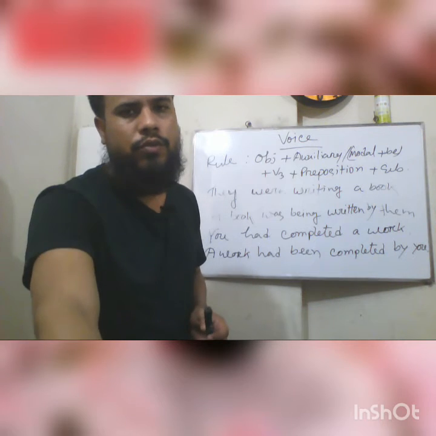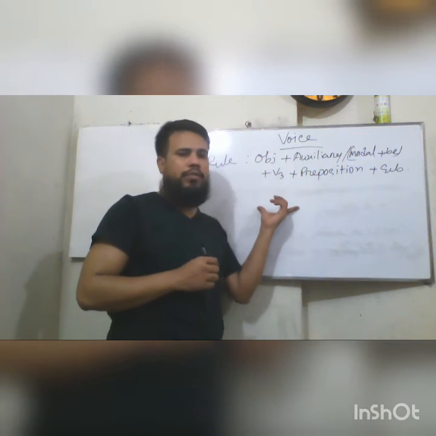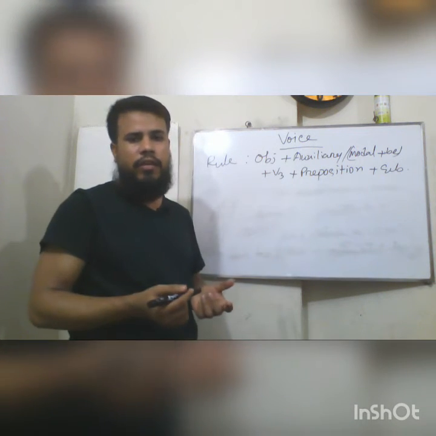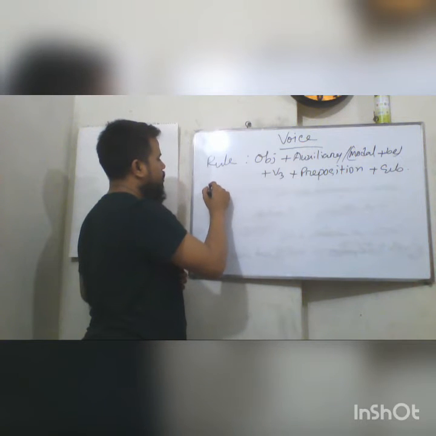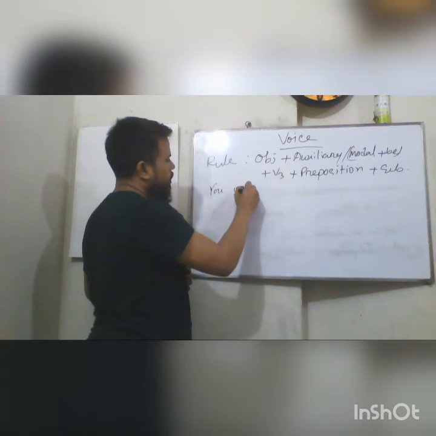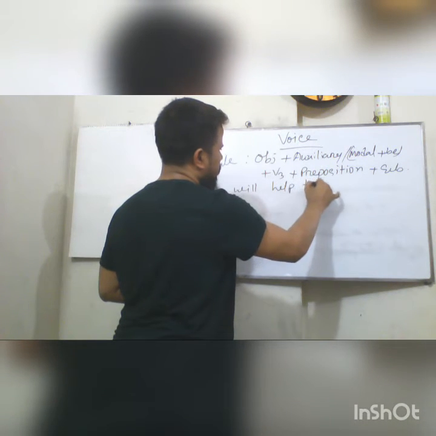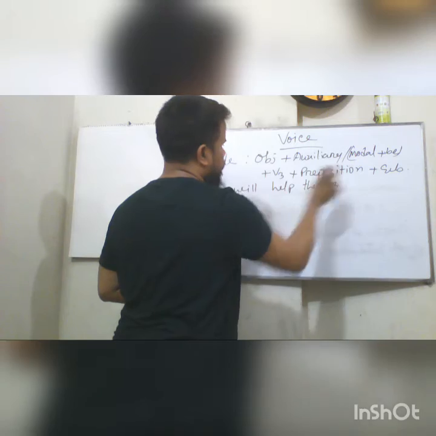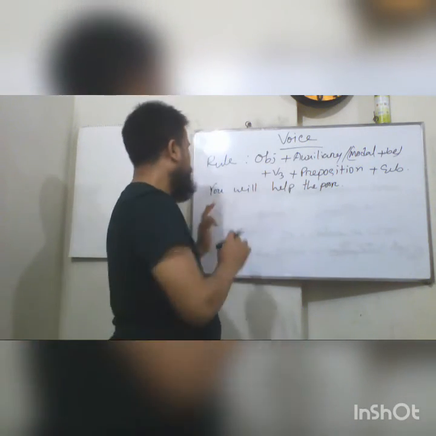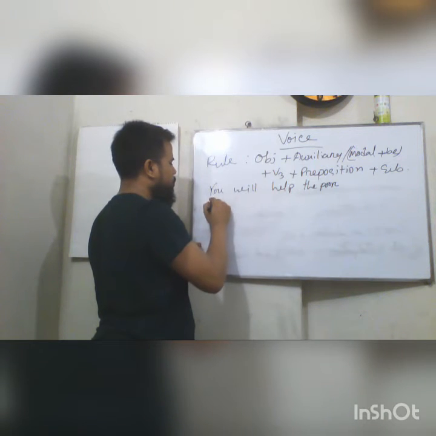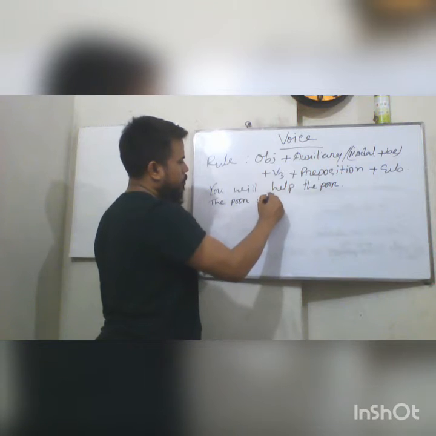Now we have to find out future action, then we have to write down future tense examples. Example, future: You will help the poor. For the future indefinite tense, I write down an example. You will help the poor. The modal will.